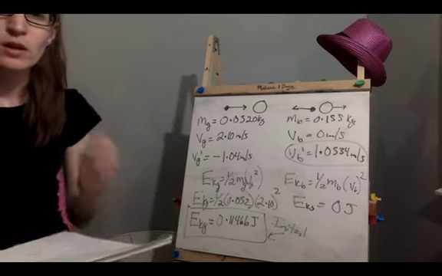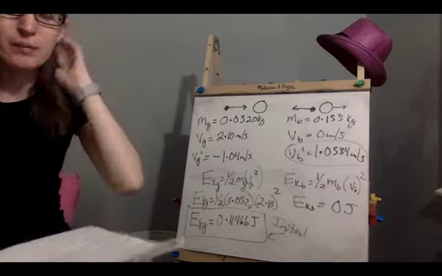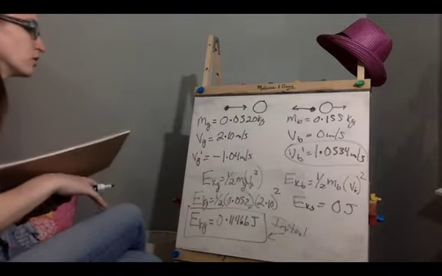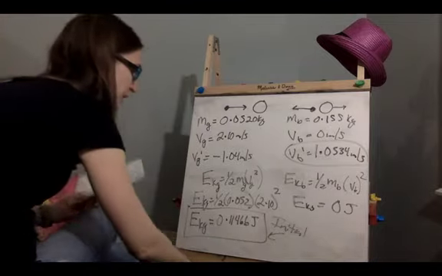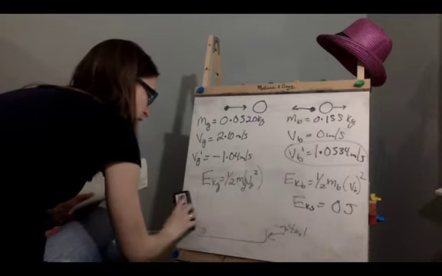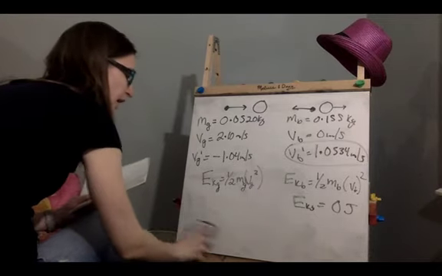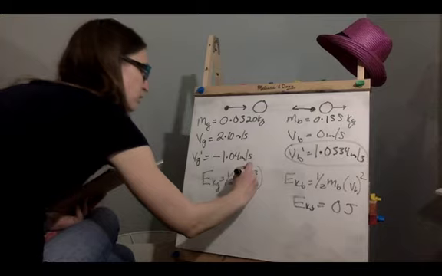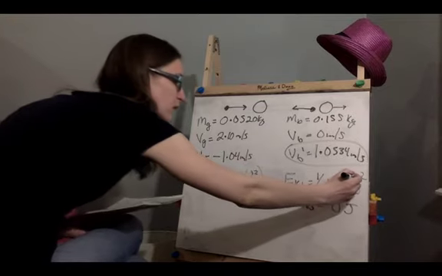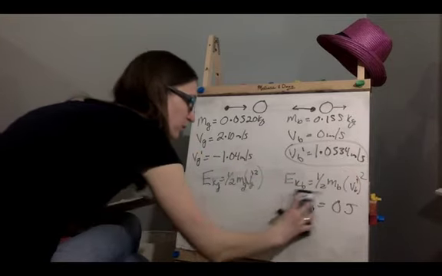Now we have to compare that to what's happening in the final. Again, we do the same things with only a slight change in that it's the final velocity, so we use the prime value.